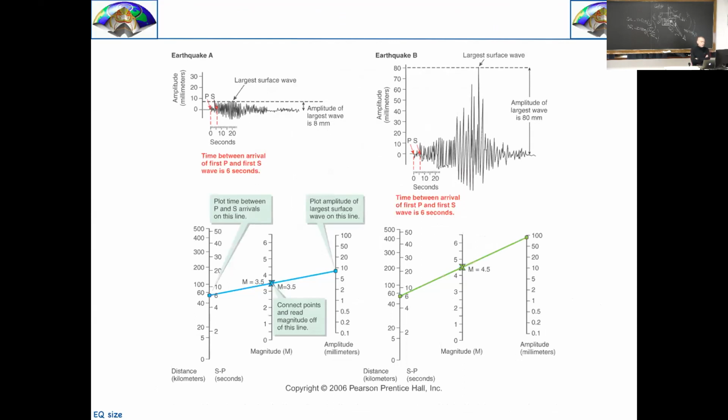Now let's look at a couple of signals here. We have an earthquake A and an earthquake B that may have different distances, different energies. Let's see how to compare these two. You see now at a glance that they are very different.